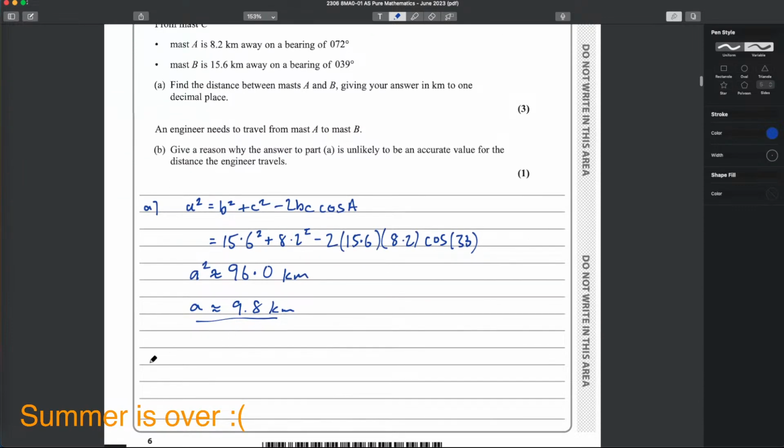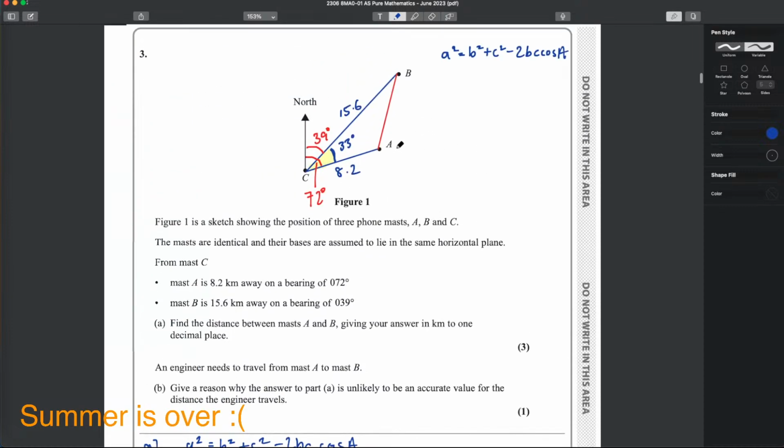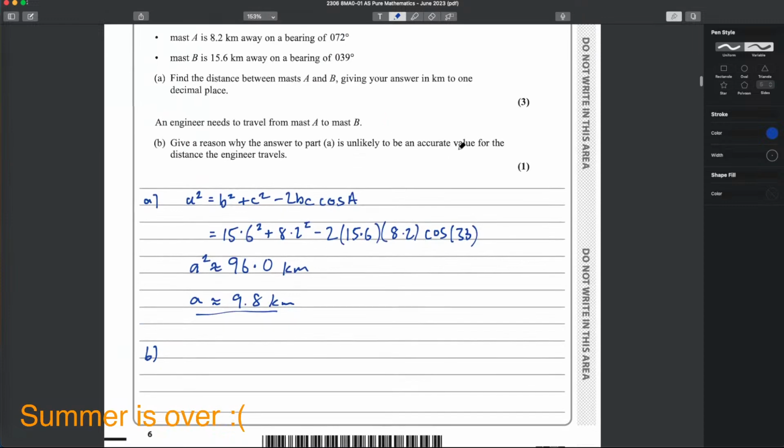And then we were talking about B, the fact that it's often impossible to travel directly in a straight line between 2 points. And yeah, I would just say something like that, you know.